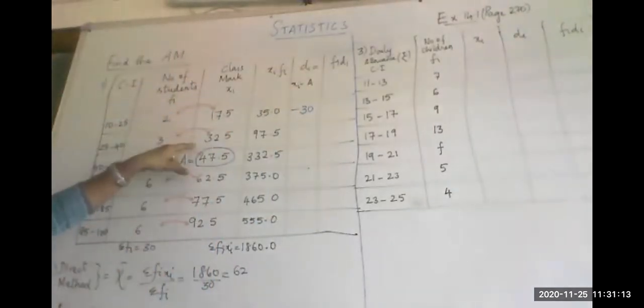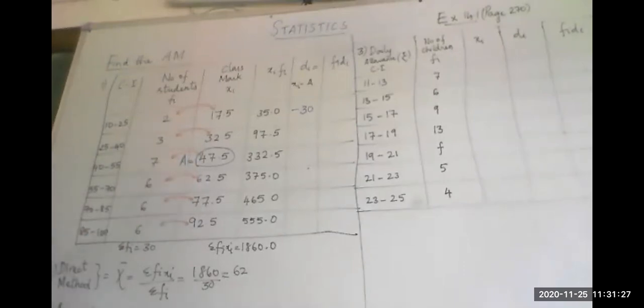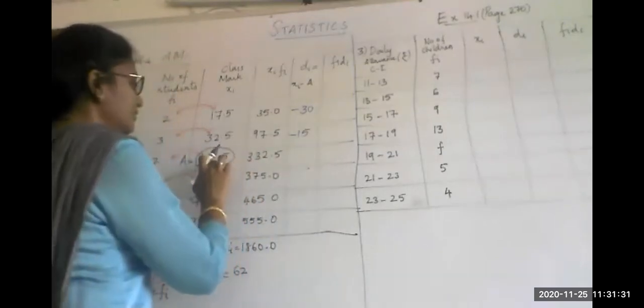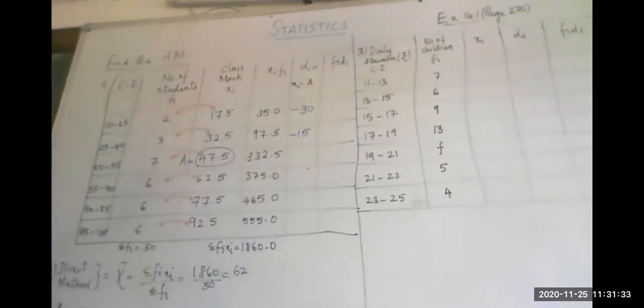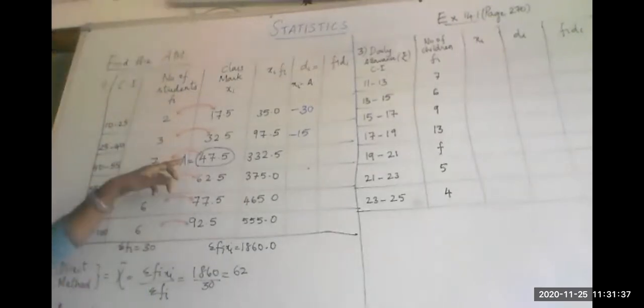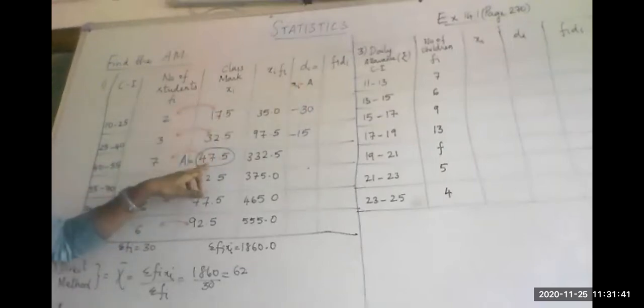Now go to the second one. The xi is 32.5. From this you are subtracting 47.5. What is 32.5 minus 47.5? Negative 15. Please be careful, you are subtracting a larger number from a smaller number. Now in the third value, the xi itself is 47.5, and the assumed mean also is 47.5.